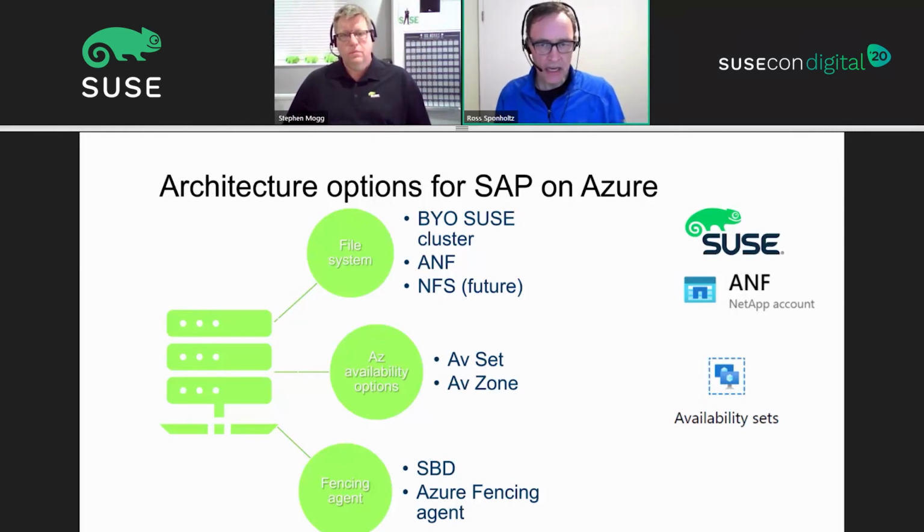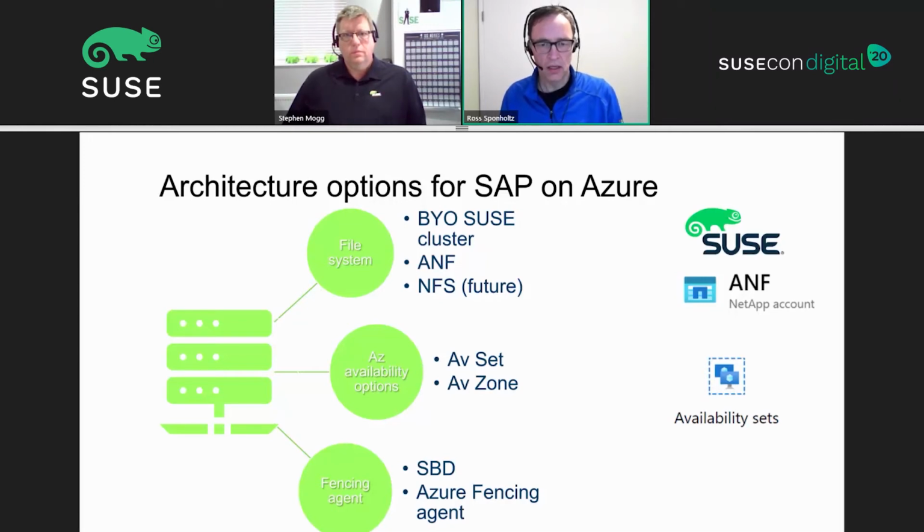So in Azure, we have some architectural options when it comes to deploying SAP. Let's start at the top. For the shared file system for the SAP mount, et cetera, those are connected to by all of the app servers and the central services machines.